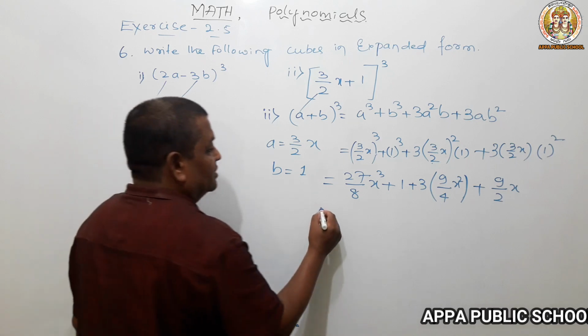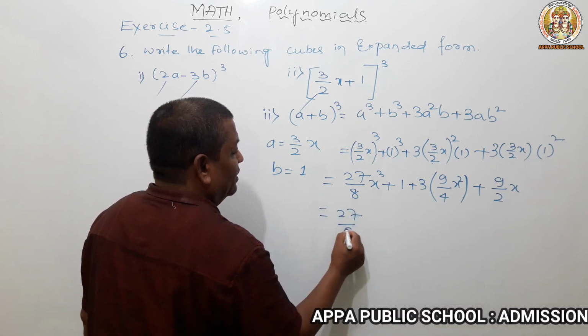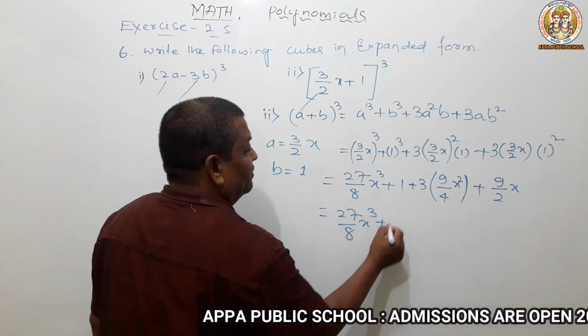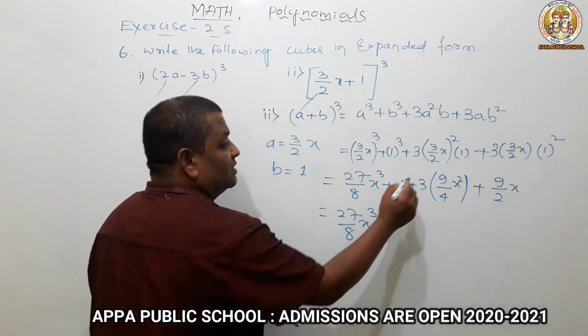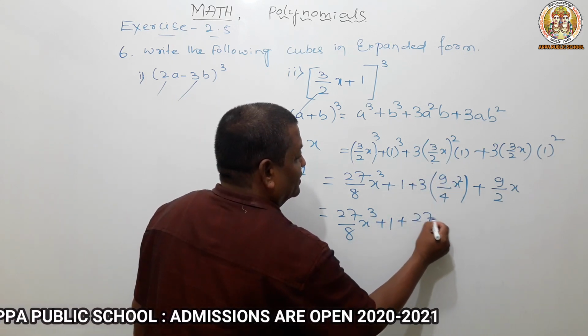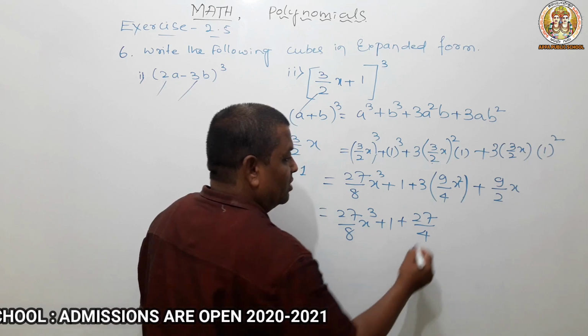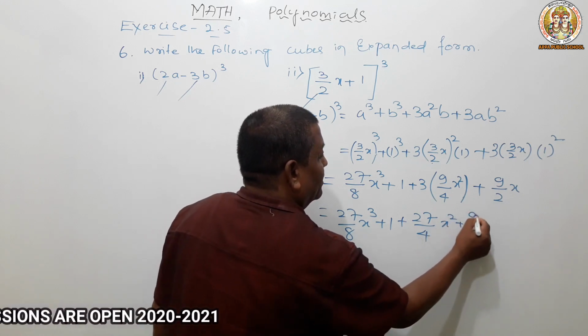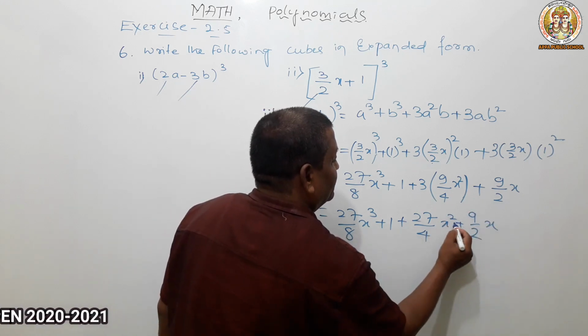It's fine. 27 by 8x cube plus 1 as it is. 3 9s are 27, 4x square by 9 by 2x.